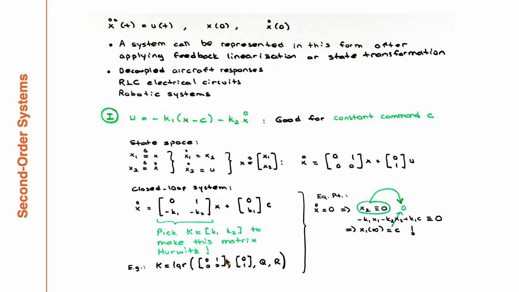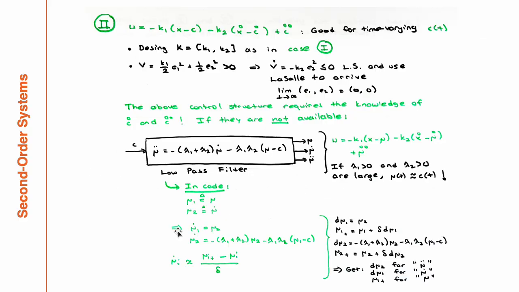I forgot to mention, this is just an example. You can get K1 and K2, and using the same Lyapunov function you arrive at the same Lyapunov stability, then by using LaSalle, you can, for the case of time varying C, still show E1 and E2 go to 0.